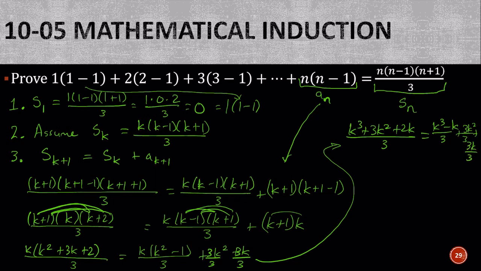Ran out of space, sorry. So it looks like I have k cubed, I have 3k squared, and I have 3k and a negative k, so that'd be 2k over 3. And hey, look at that, both sides are the same. Since both sides are the same, the formula works.